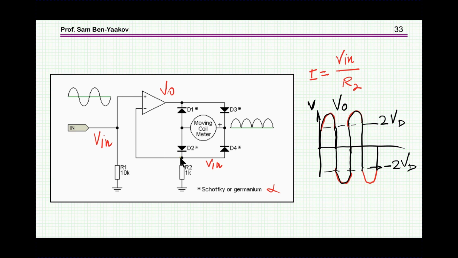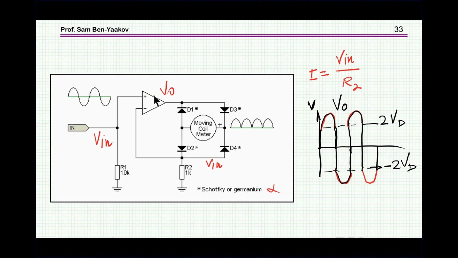And therefore, the current through this resistor is V in over this resistor. So therefore, you are pushing here a constant current. In this case, it's going to be an AC, but since you have a full wave rectifier, you're going to have a full wave rectification as far as the moving coil is concerned.